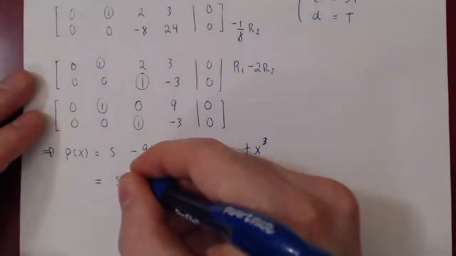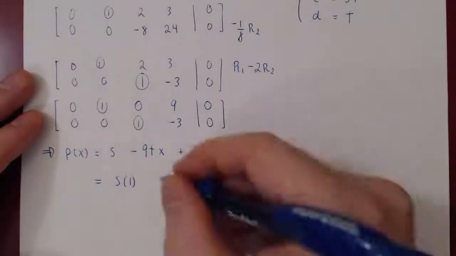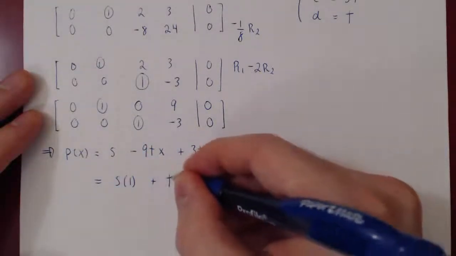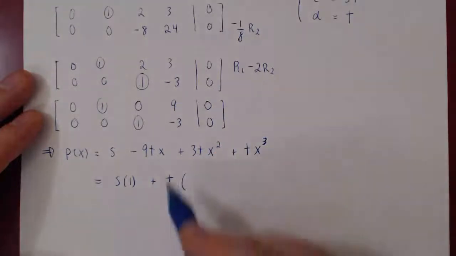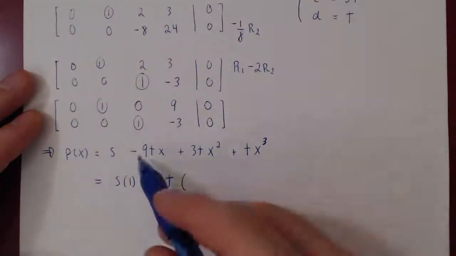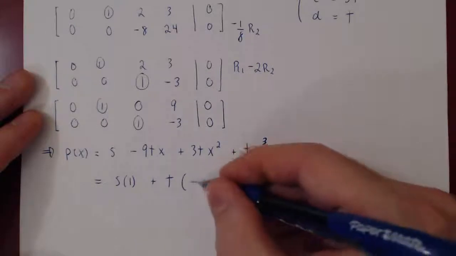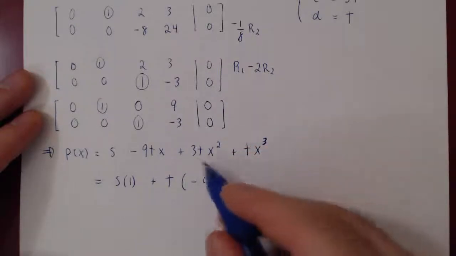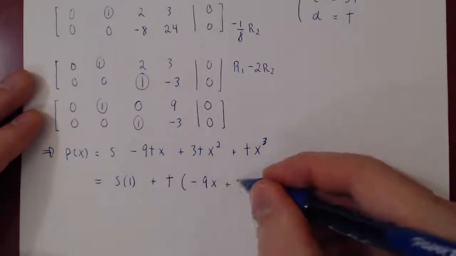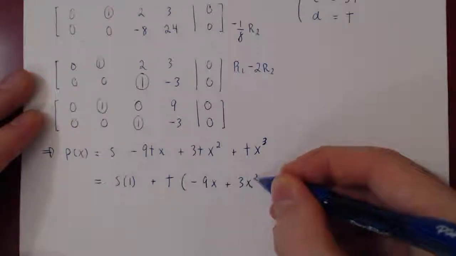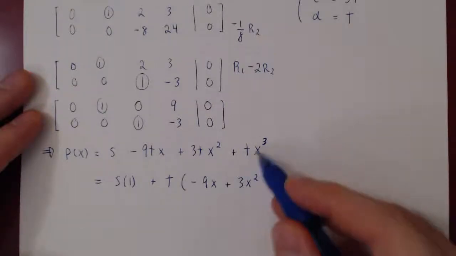So we have s times 1, plus, if you split the t, plus t times, if you factor t from these, you'll have negative 9x, positive 3x squared, positive x cubed.